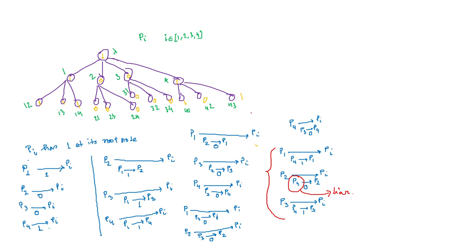Okay. So I hope I made the EIG tree construction clear to you, and I hope it helps you in better understanding the protocols and answering the weekly assignment questions.